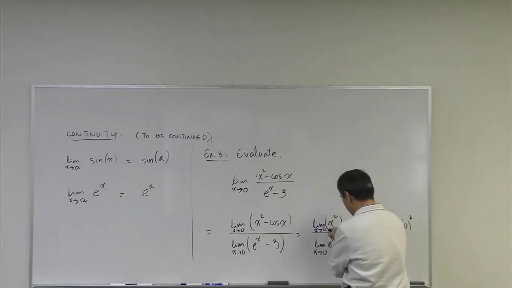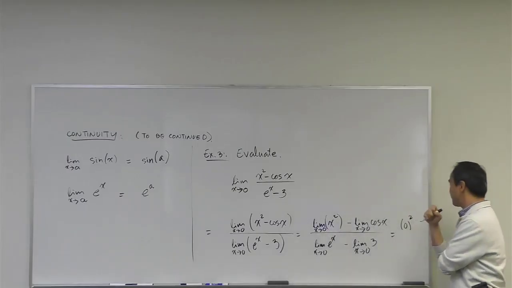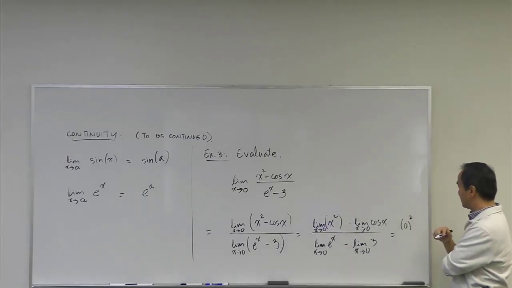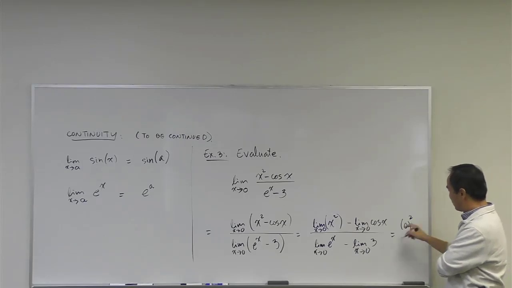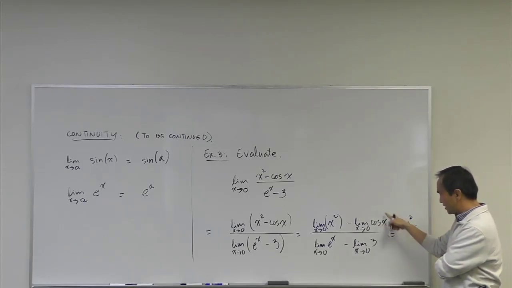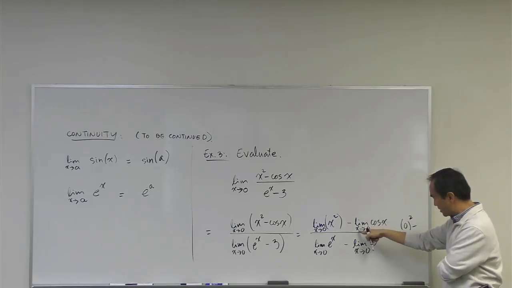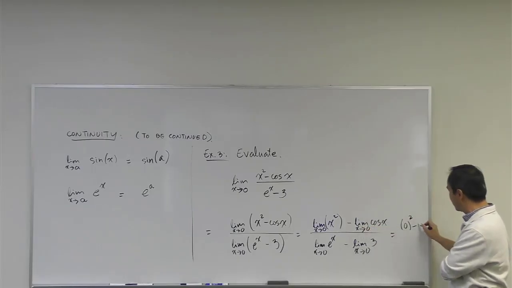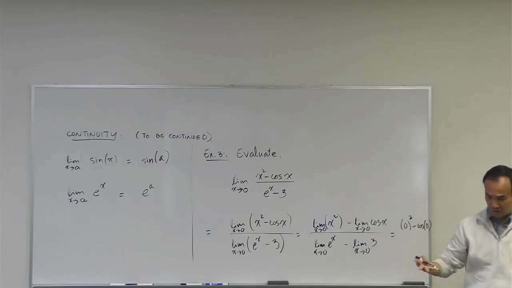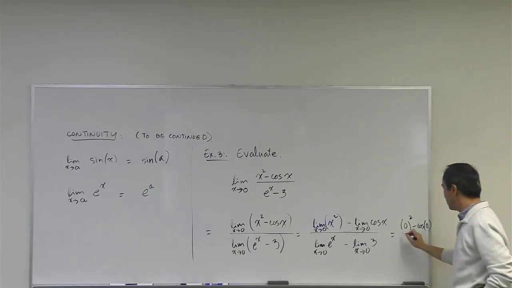So going to a limit point simply means substituting in that limit point value. In the same way with the cosine: cosine of x is known to be continuous, so as we take limits going to 0, we can simply do cosine of 0. That opens up more channels for us to do the calculation.